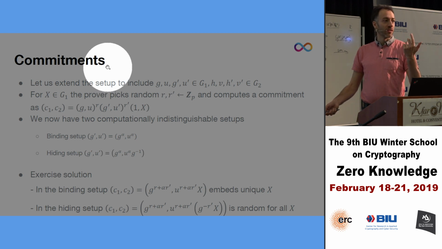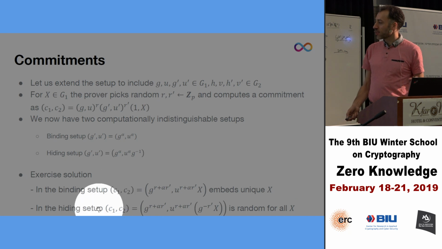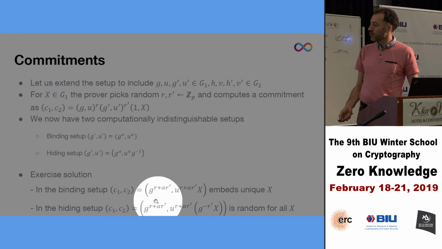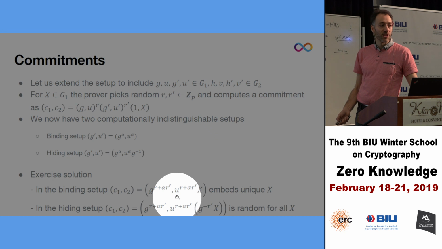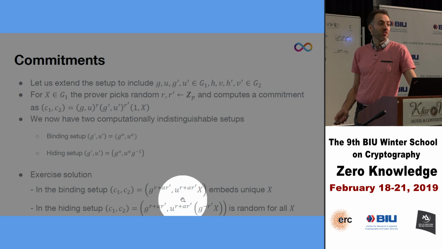They are independent. If you work out the math, you get again an Elgamal encryption of something, but that something is now G to the minus R prime times X. And since R prime is chosen at random, we are encrypting essentially something random, independent of X.